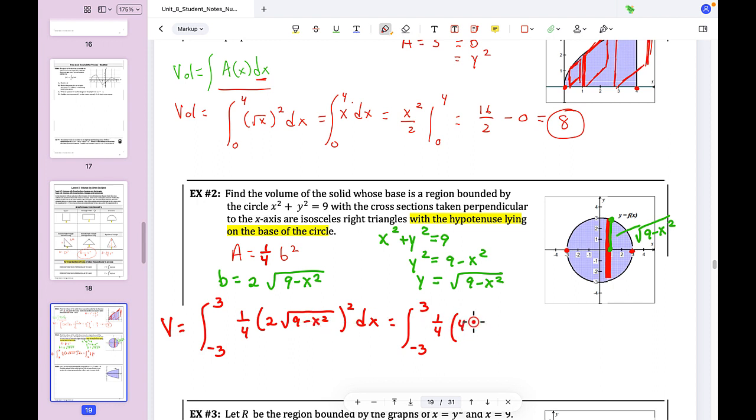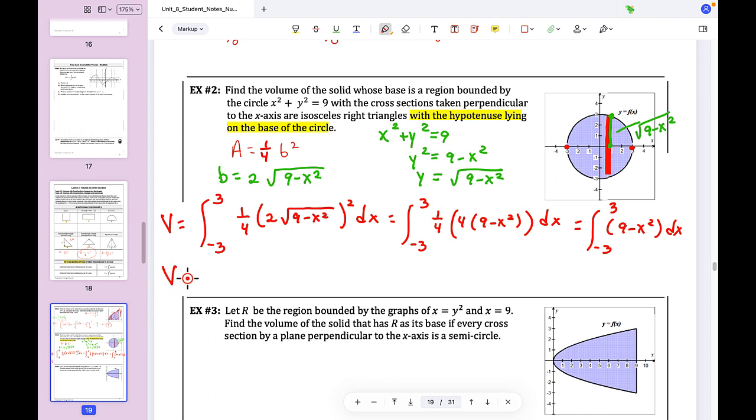Now when I square, the square root disappears. 9 minus x squared dx. Well, 1/4 times 4, they're going to cancel, so I've got the integral from -3 to 3 of 9 minus x squared dx.